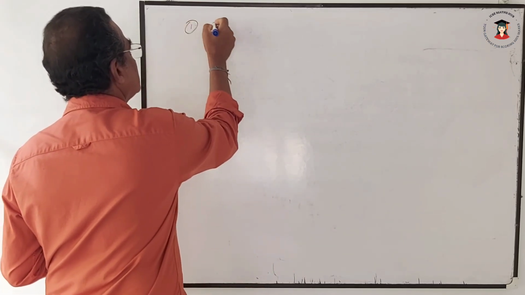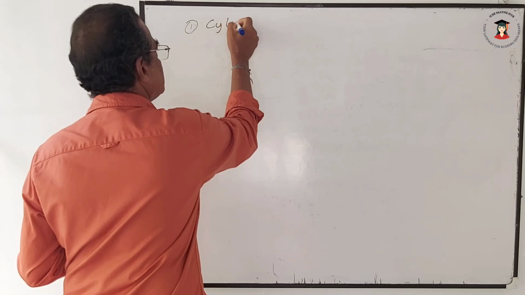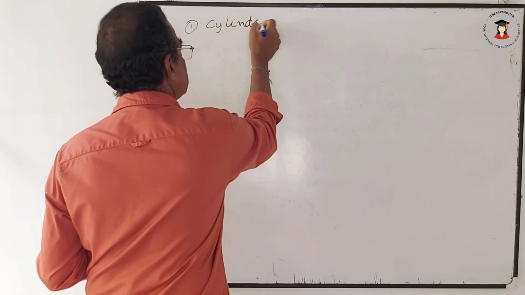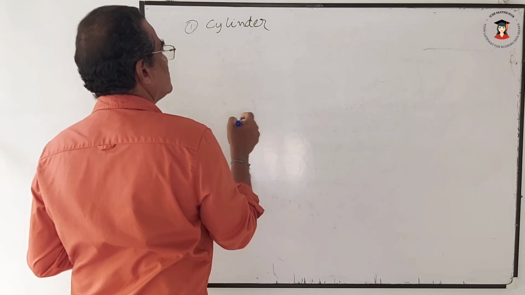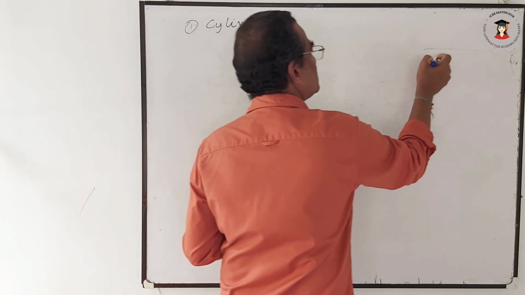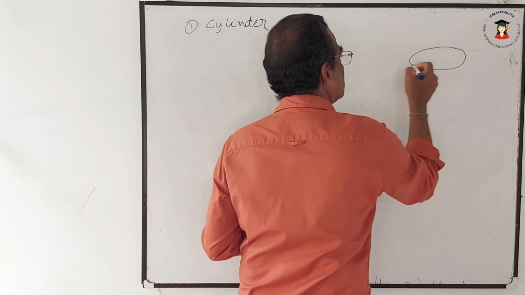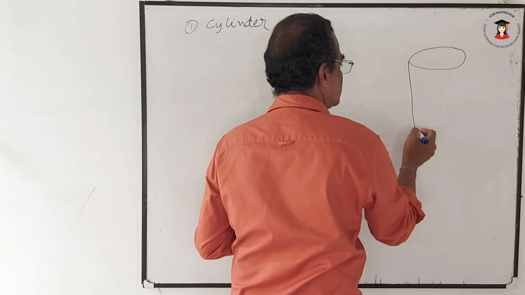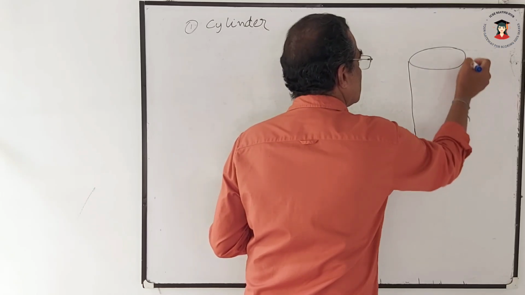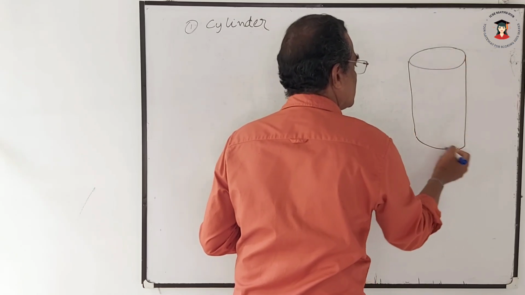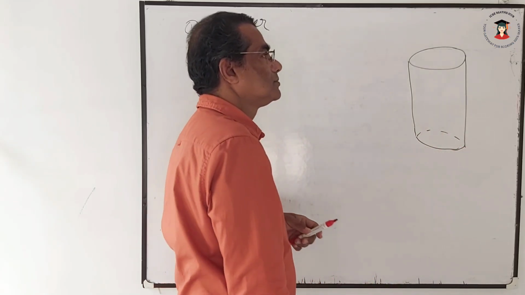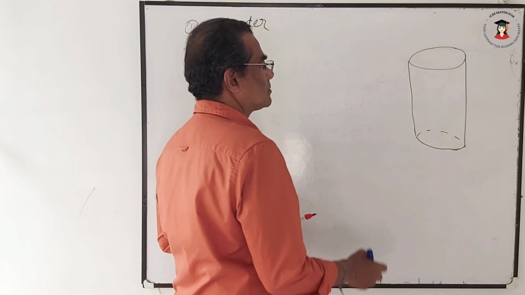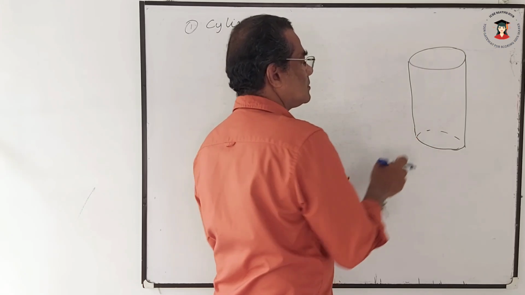First one is the cylinder. We are discussing a right cylinder.